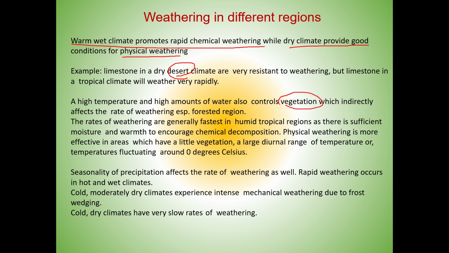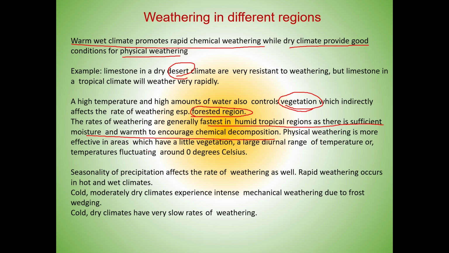Wherever there is a hot and humid climate, natural vegetation and biodiversity will be more, with more penetration of roots into the rocks, and hence biological weathering will also take place. In forested regions, biological weathering will be more. The rates of weathering are generally fastest in humid tropical regions as there is sufficient moisture and warmth to encourage chemical decomposition.